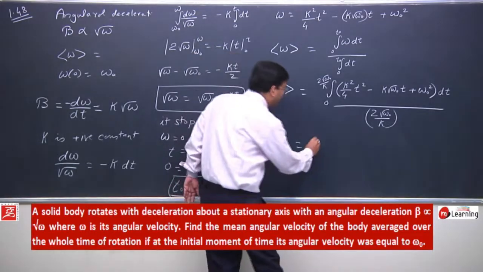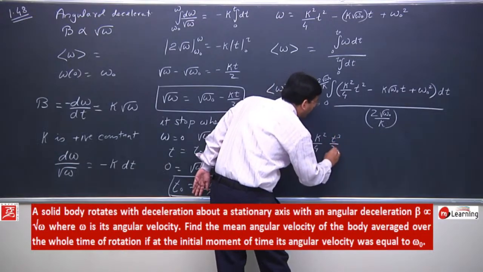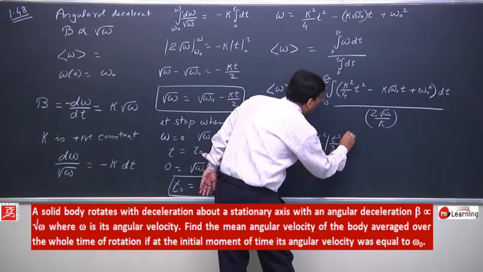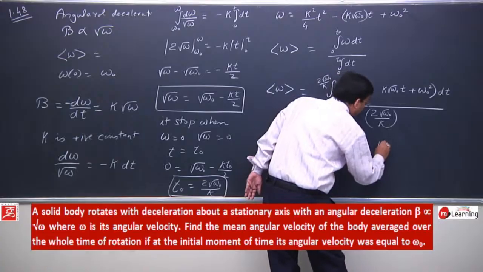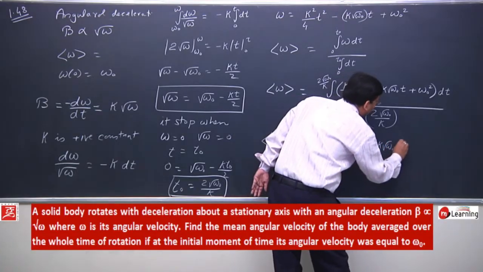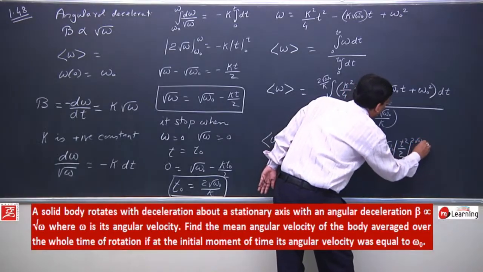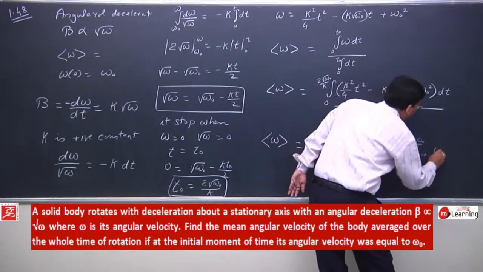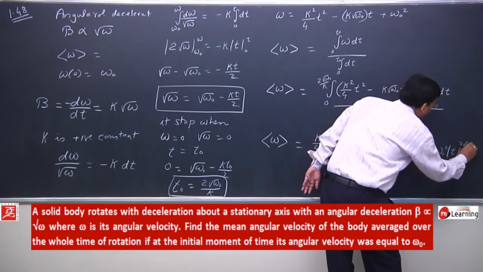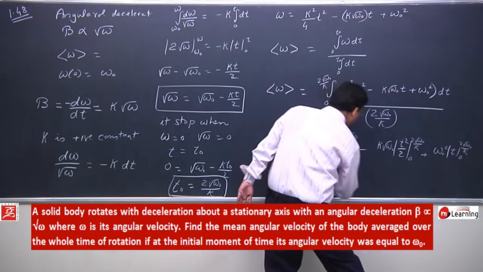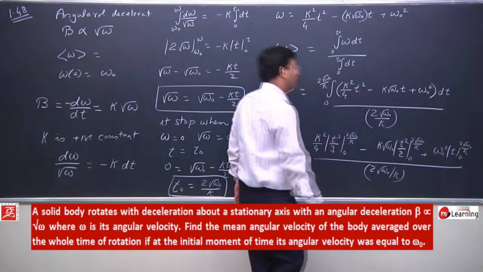Mean of angular velocity is k square by 4 into t cube by 3 over 0 to 2 root omega naught by k, minus k root omega naught into t square by 2 over 0 to 2 root omega naught by k, plus omega naught t over 0 to 2 root omega naught by k, whole upon 2 root omega naught by k.